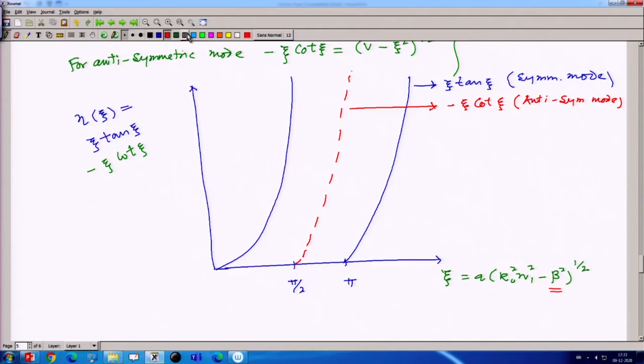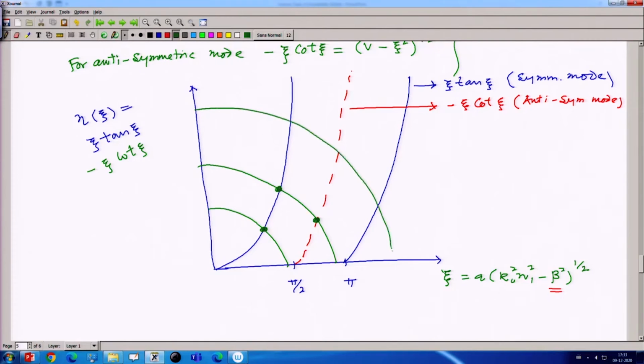Now, I am drawing the value of V. So, now you can see that I have one cutting point here, one cutting point here and an additional cutting point here. This is one for symmetric beta and another for antisymmetric beta. Now, I go on increasing.